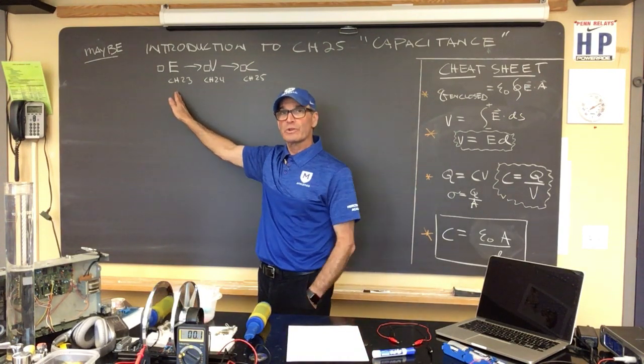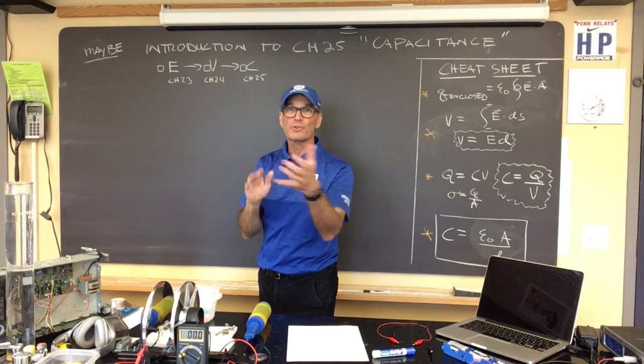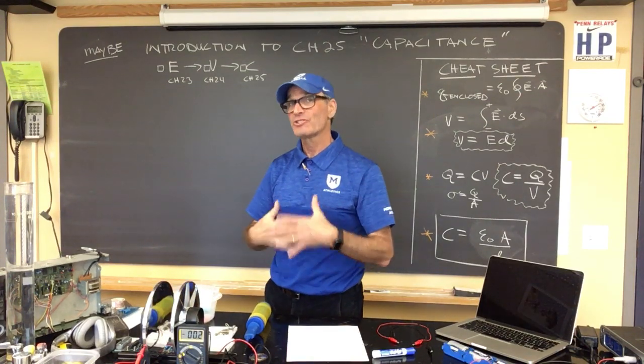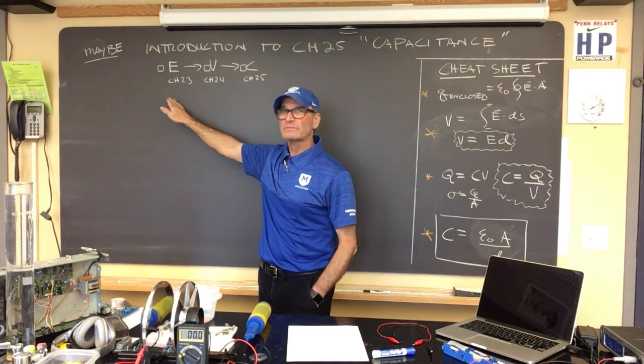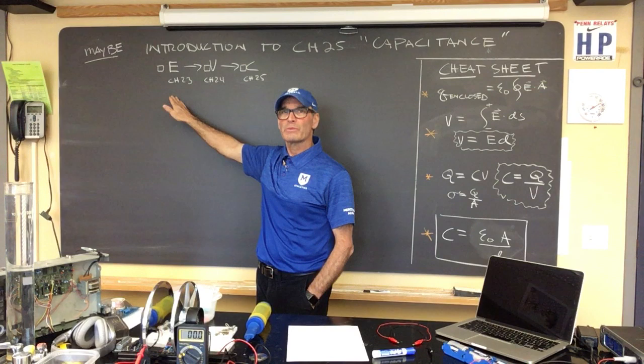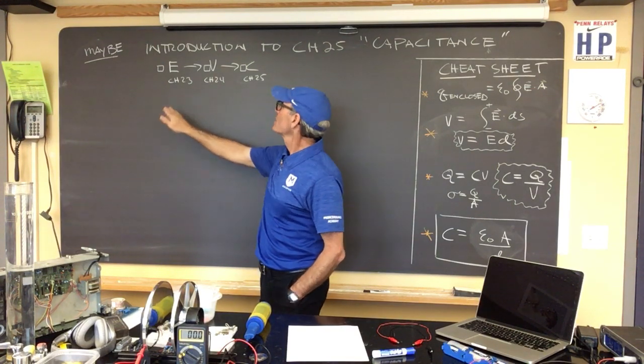What you folks learned about in chapter 23, I don't know if your chapter 23 matches my students' chapter 23, but Gauss's law. We're going to review how to determine the electric field for a sheet of charge.